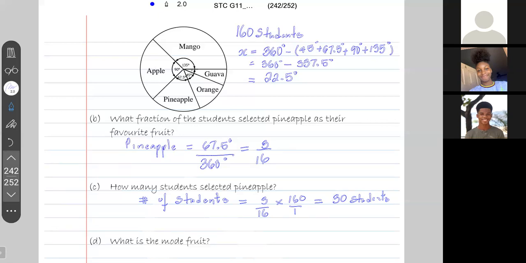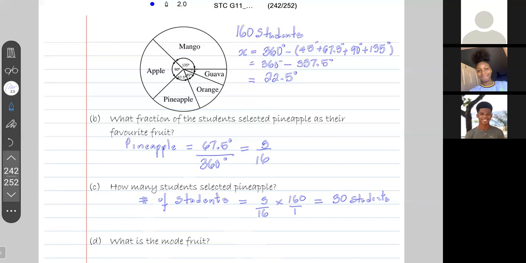The next thing we're asked is, what is the mode fruit? The mode fruit would be the fruit that most students selected. Looking at the diagram, you can clearly see that the mode fruit is mango.